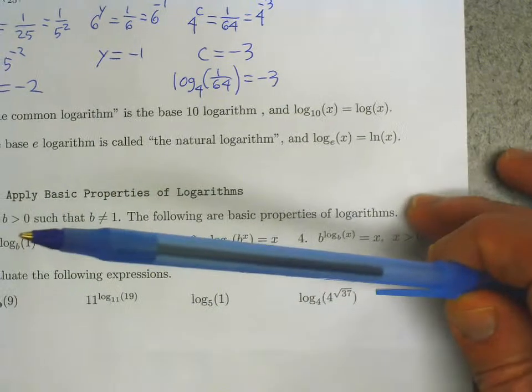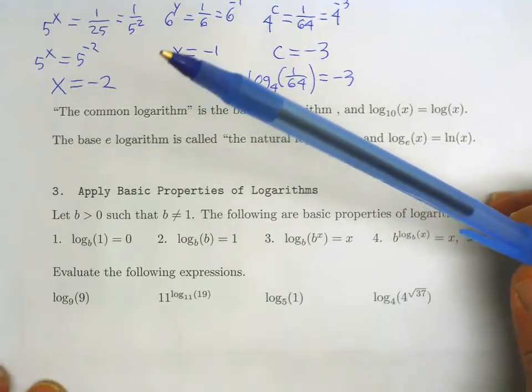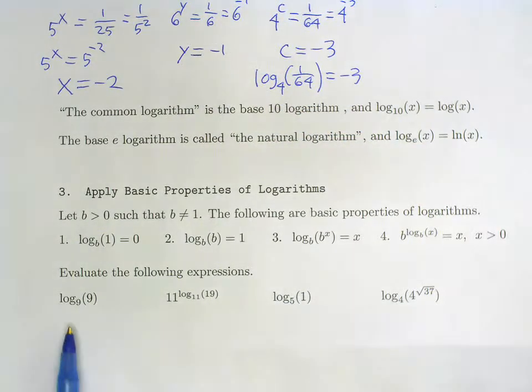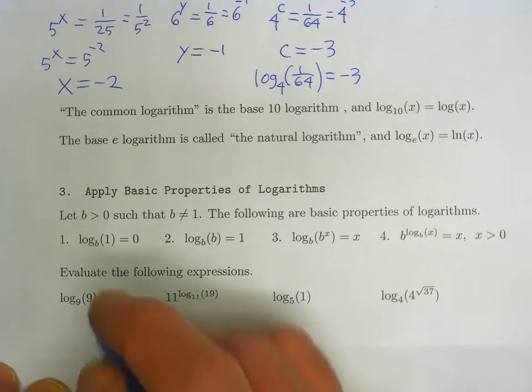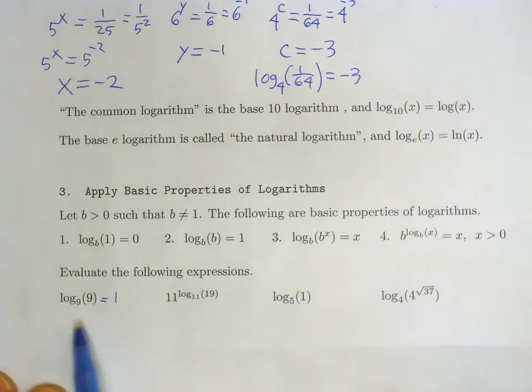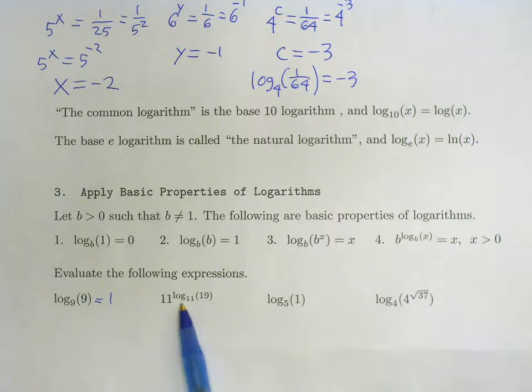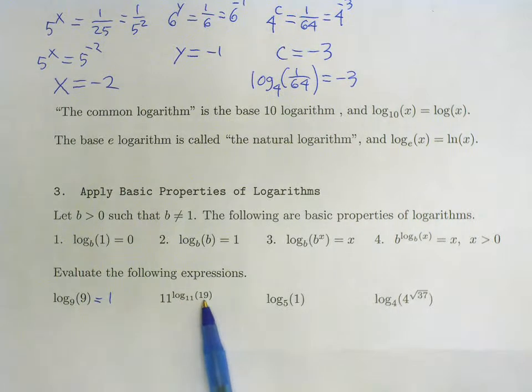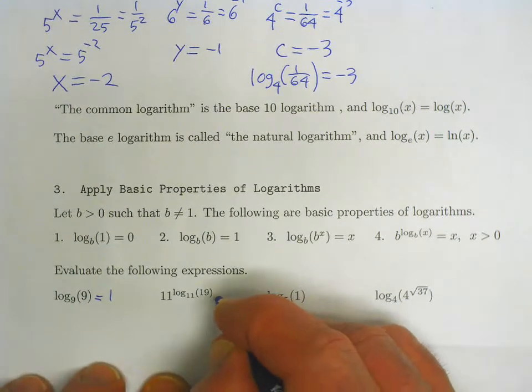Okay, so we'll apply those basic properties in these 4 examples. Log base 9 of 9. Let's see, 9 raised to the first power equals 9, so that means log base 9 of 9 equals 1. 11 raised to the exponent log base 11 of 19. The base 11 logarithm of 19 is what 11 must be raised to in order to get 19.